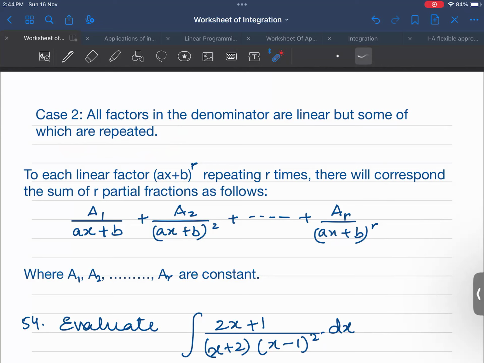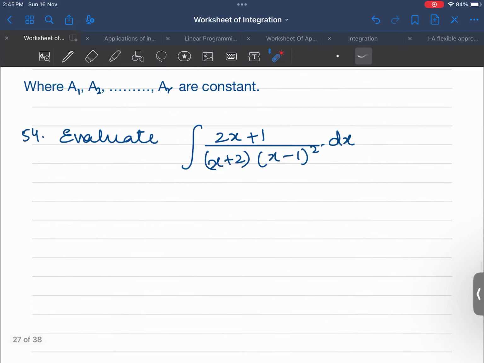But even if some of the factors are repeating, we have to consider it as case 2, in which to each linear factor which has power r, it means it's repeated. ax plus b, which is linear, and in power r, which is repeated, repeating r times, there will be a corresponding sum of r partial fractions as follows: A1 upon ax plus b plus A2 upon (ax plus b) power 2, and so on till Ar upon (ax plus b) power r, where A1, A2, till Ar are constants. Let's do some questions and you will get more clarity.